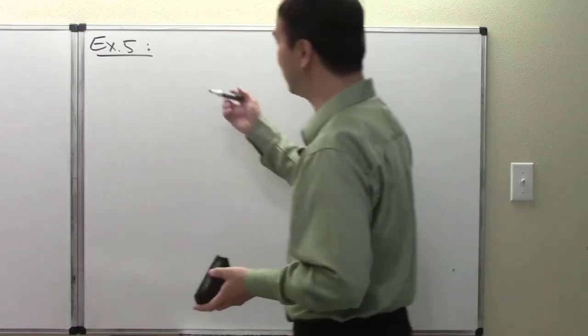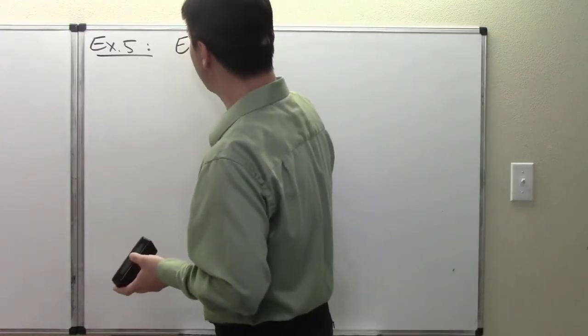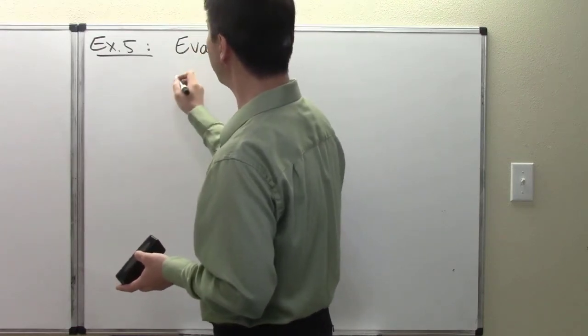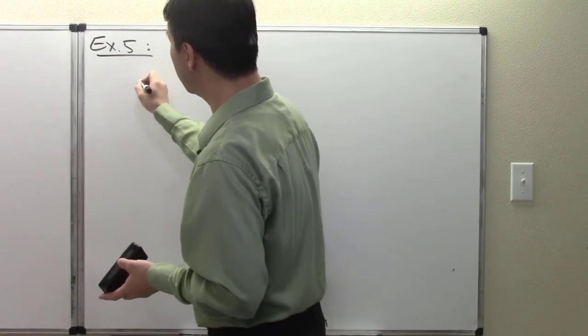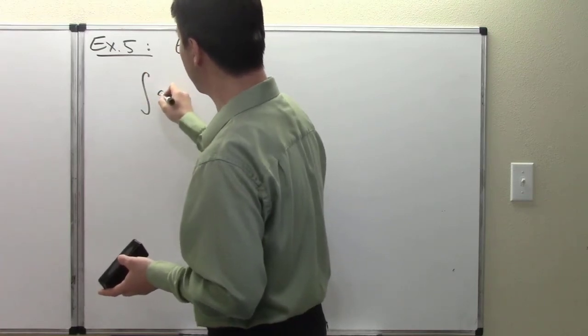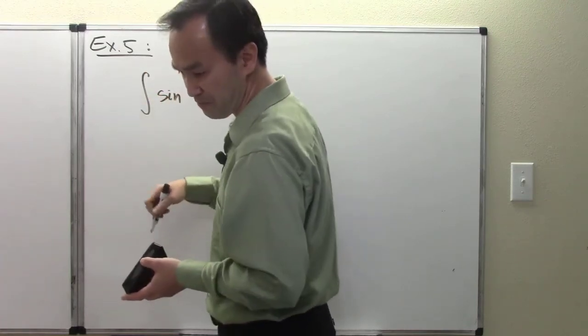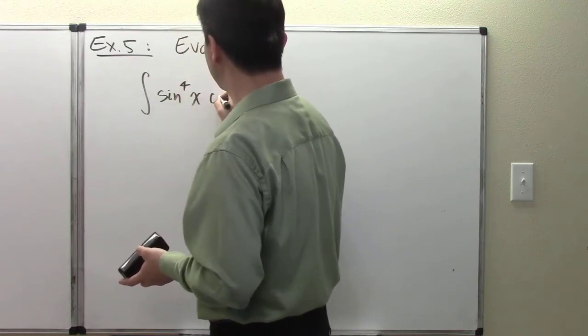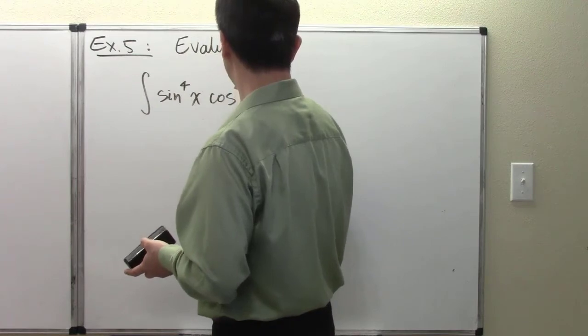Now in example 5, again, it's another problem where we want to evaluate. Okay, and let's look at the following integral. So the integral we want to find here is, how about sine to the fourth of x times cosine square of x.